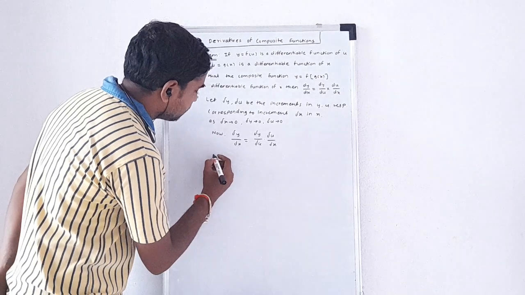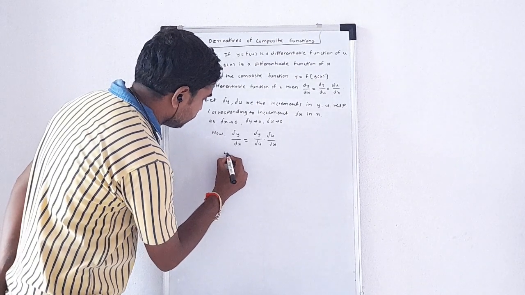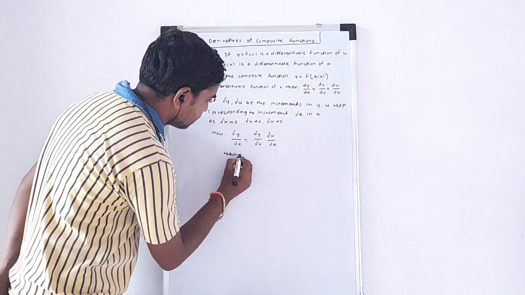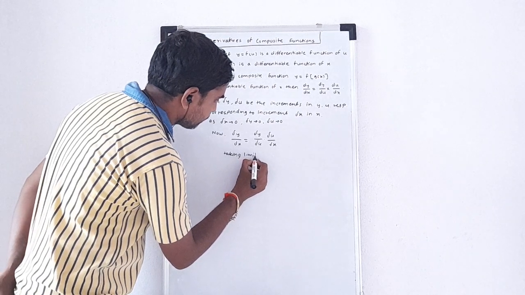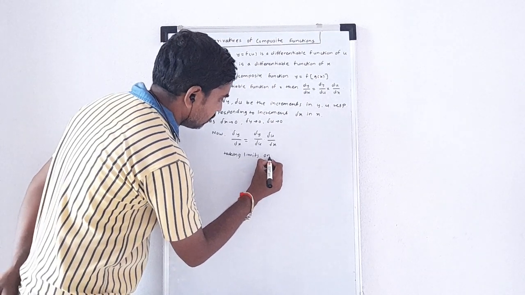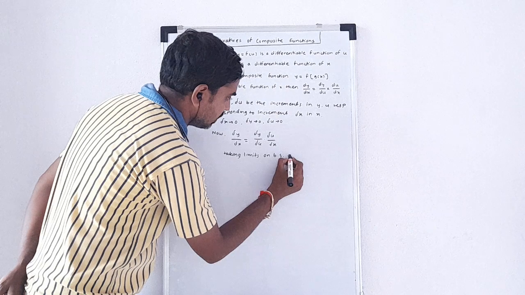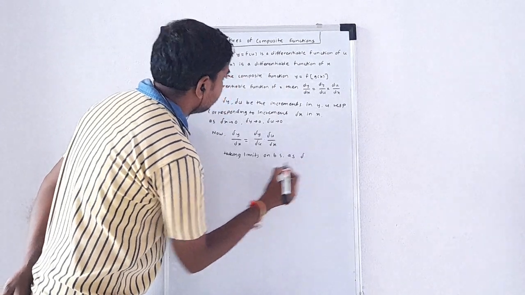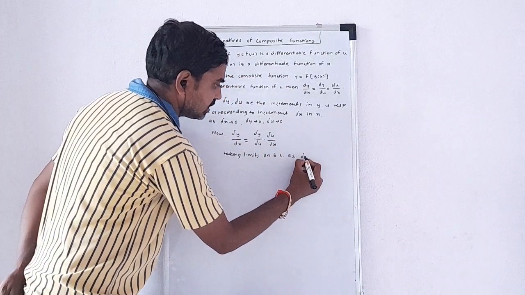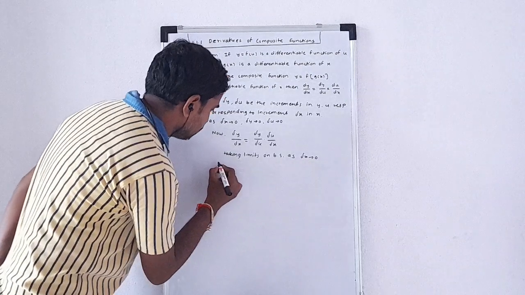So to convert this by the Leibniz notation, first we have to take limits on both sides, as the independent variable is delta x, as delta x tends to 0.